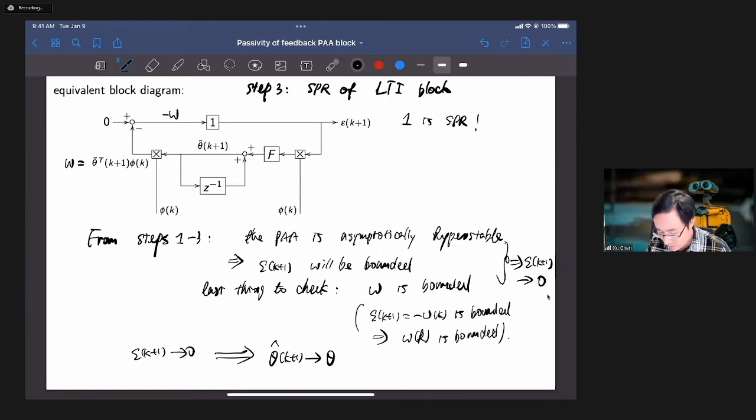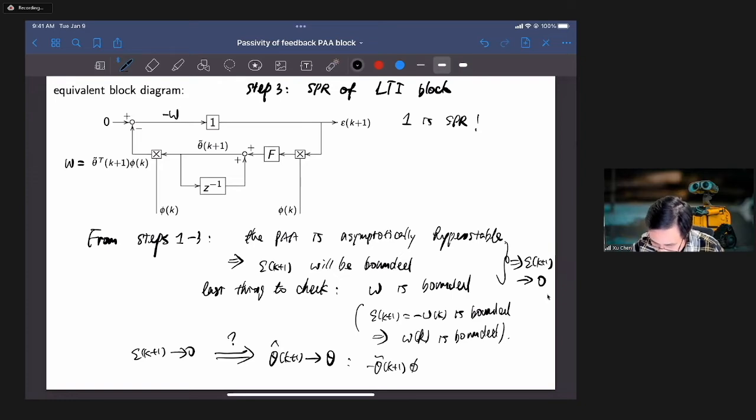Theta hat will go to theta. In other words, can we guarantee convergence? This is a convergence question. This is a stability question. Can we guarantee convergence from stability? The answer is not really.